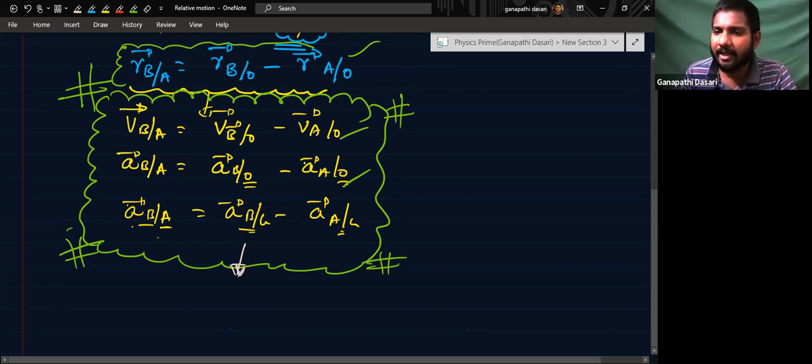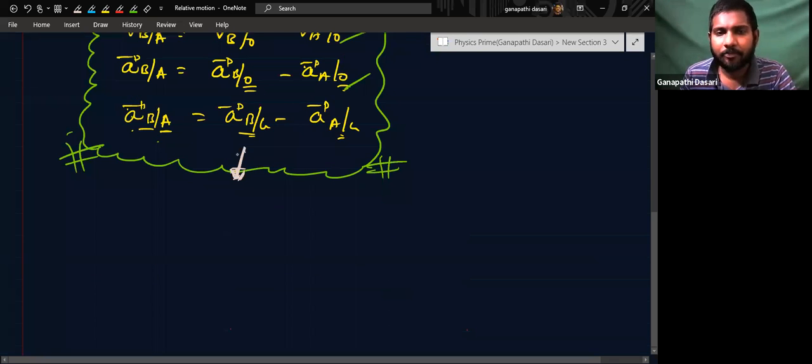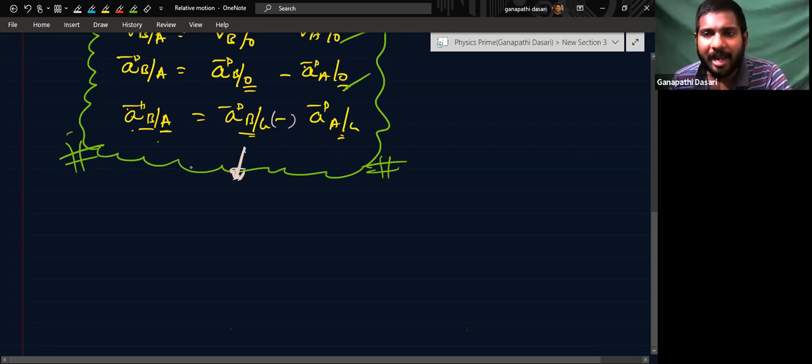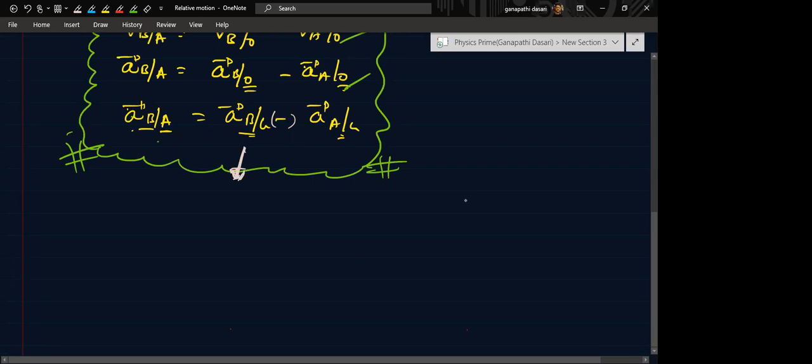Every minute detail you need to understand. How to subtract vectors. Varun, in mathematics you might have learned, or in physics also, subtraction of vectors is nothing but addition of a negative vector, isn't it? You might have studied or not.